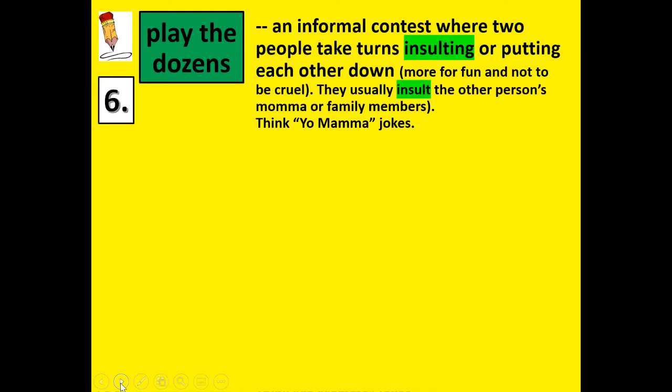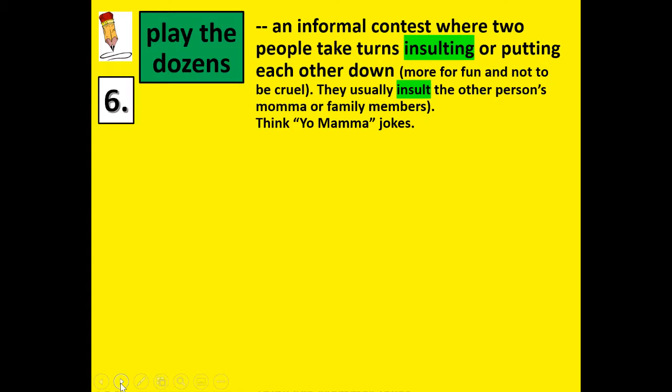So number six is play the dozens, an informal contest where two people take turns insulting or putting each other down, more for fun and not to be cruel. They usually insult the other person's mama or family members. Think of yo mama jokes.